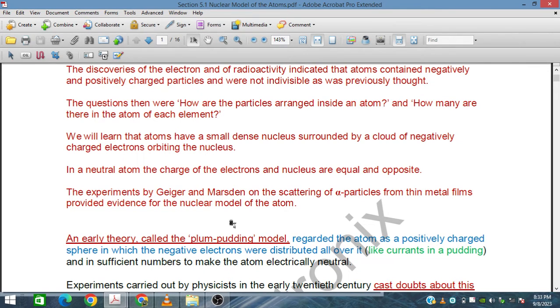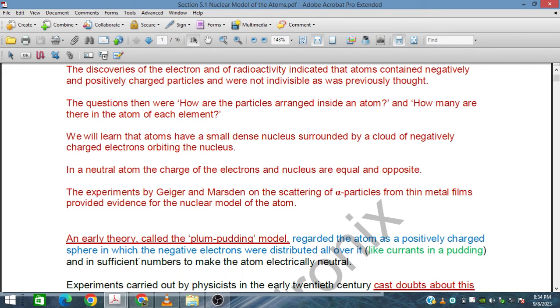In the early theory, the atom was assumed to be a plum pudding model, where the pudding is a positively charged sphere. The atom is a positively charged sphere in which the negative electrons are distributed all over it, embedded like currants in a pudding.